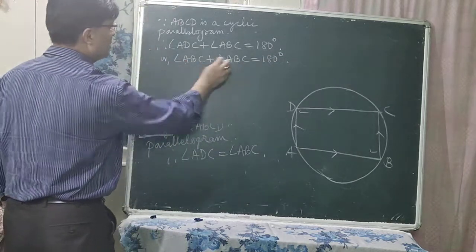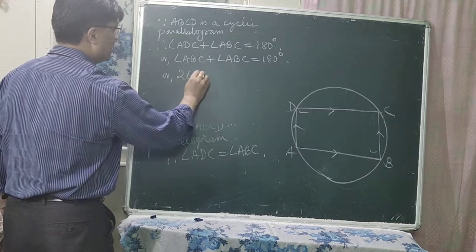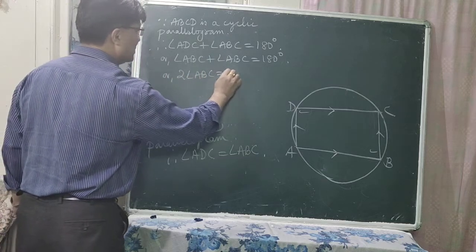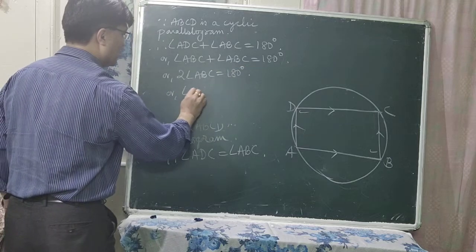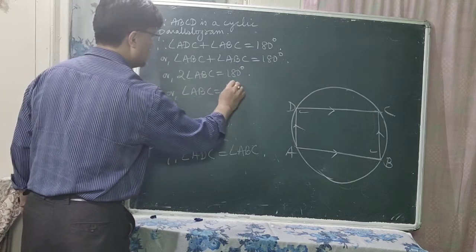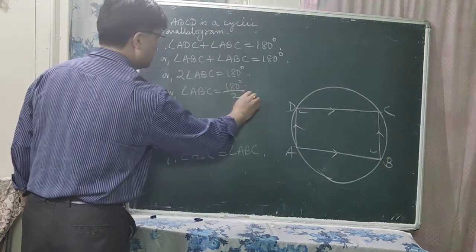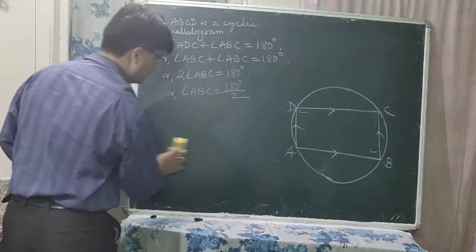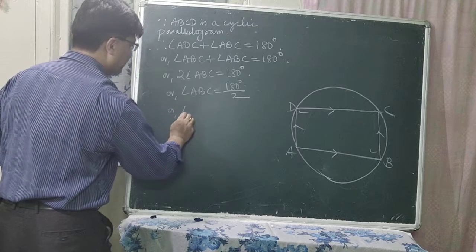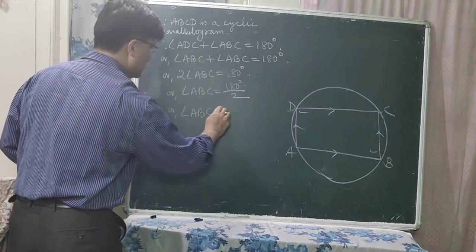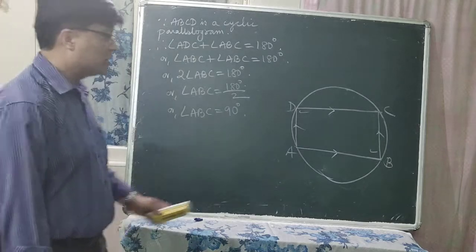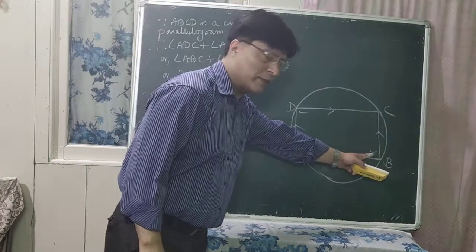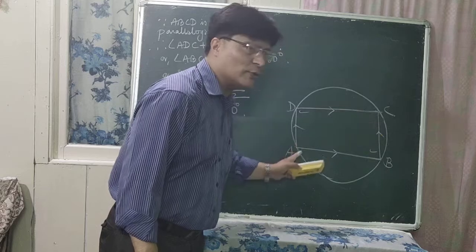So twice angle ABC is equal to 180 degrees, or angle ABC is equal to 180 degrees divided by 2. Or what can you write? Angle ABC is equal to 90 degrees. So since one angle is 90 degrees, automatically all the angles will be 90 degrees.